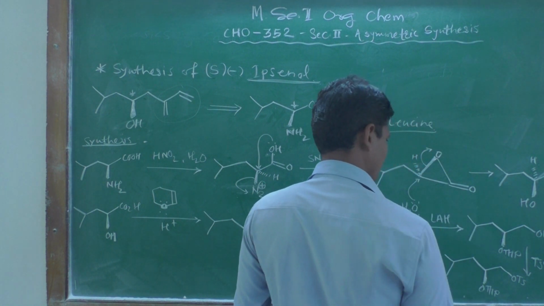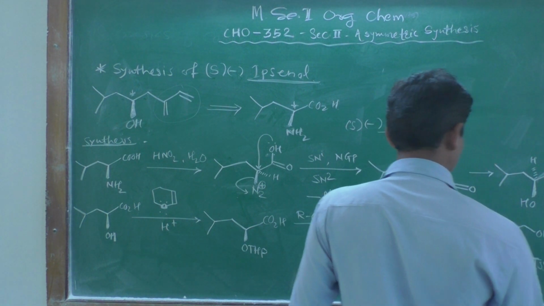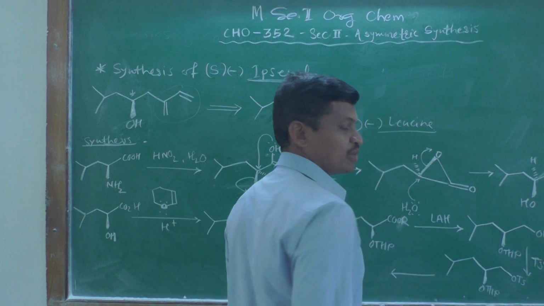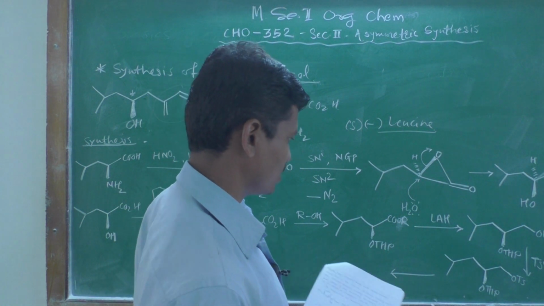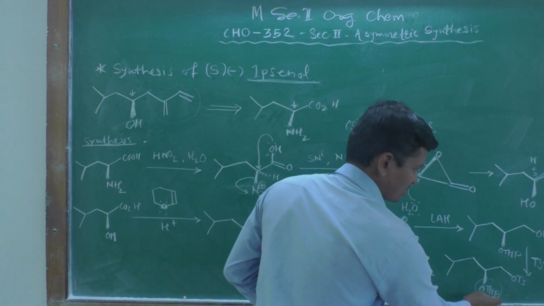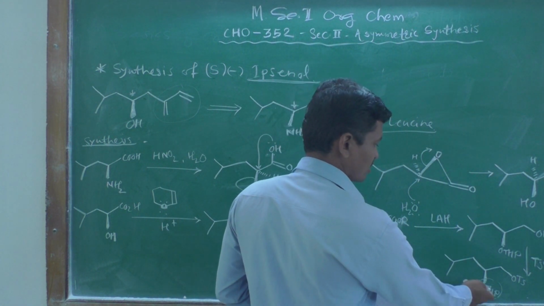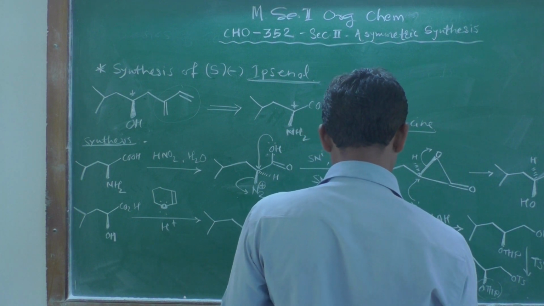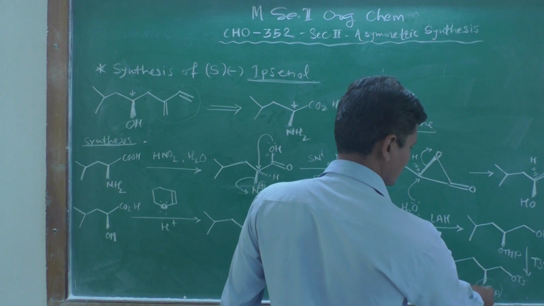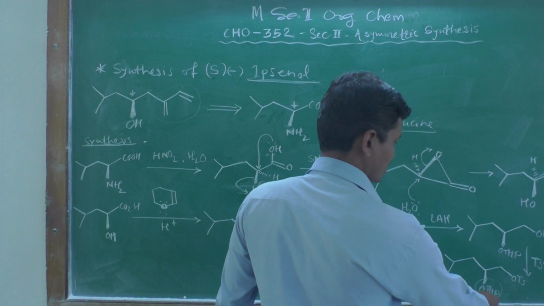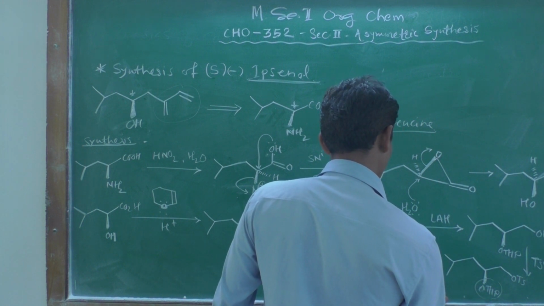Now what we have to do here? Pyridine is used as a base to neutralize the HCl formed in the reaction. Now this OTHP undergoes deprotection of the tetrahydropyran protection of this hydroxy. So deprotect this group. After deprotection you will get a free hydroxy group here. Deprotection is done by acid. So by using acid this hydroxy group will be generated, and by using base what will happen?